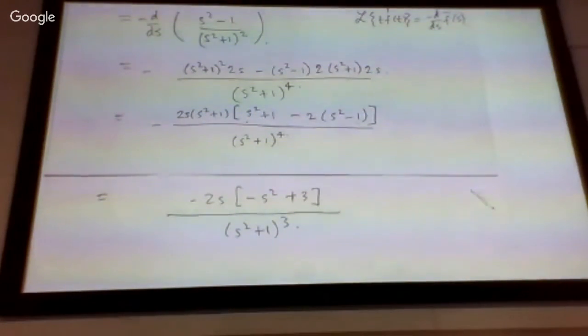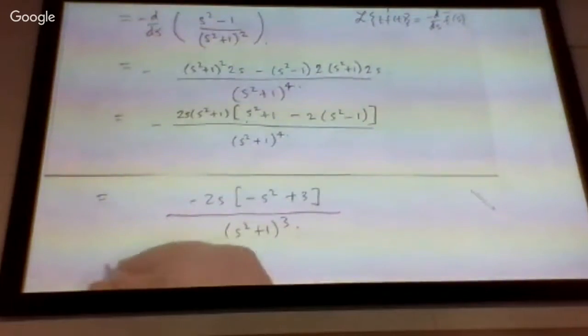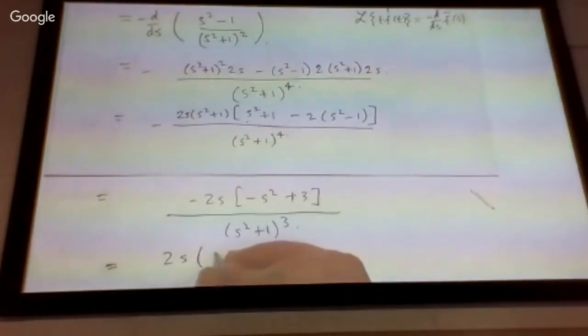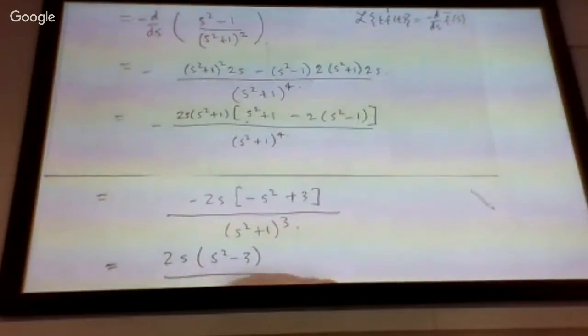About as simple as you can get. There's too many minus signs there, maybe. So it's minus 2s times (s squared minus 3) over (s squared plus 1) cubed.